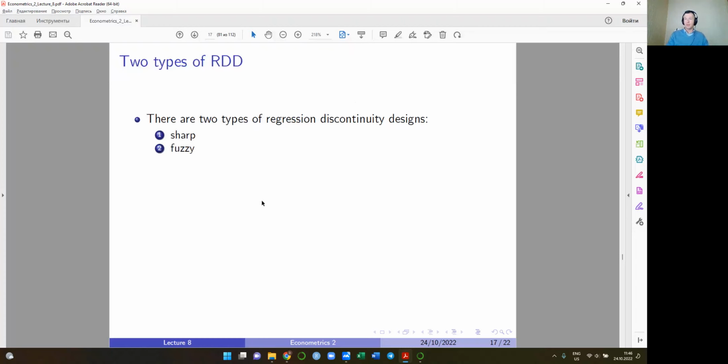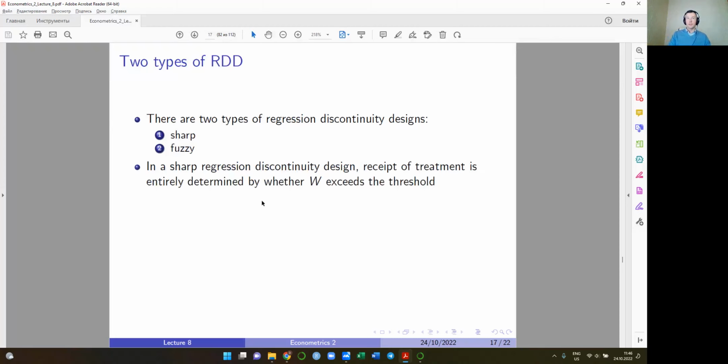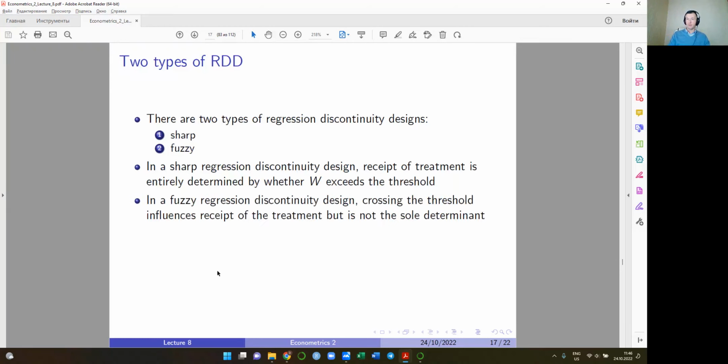As I said, if you are sent to the summer school, you can skip for some reasons. Or if you are not obliged to go to the summer school, you can ask to attend it. Well, in the sharp RDD, the receipt of treatment is entirely determined by our variable W. In fuzzy RDD, crossing the threshold influences the receipt of treatment, but not fully.